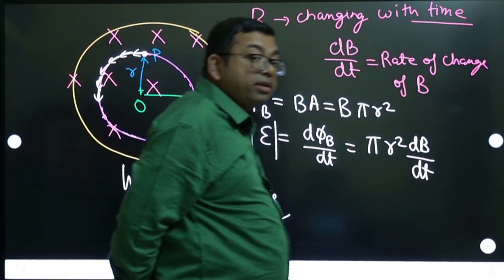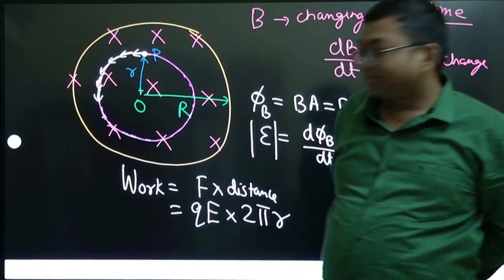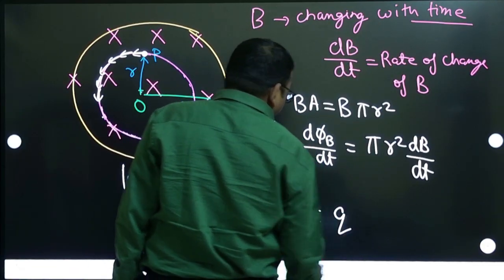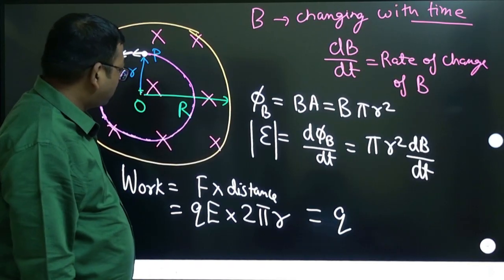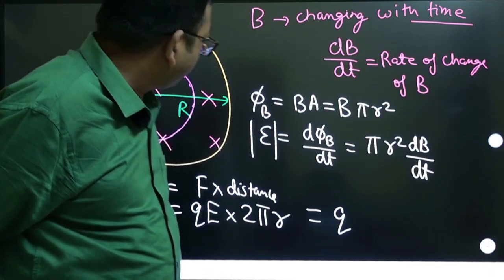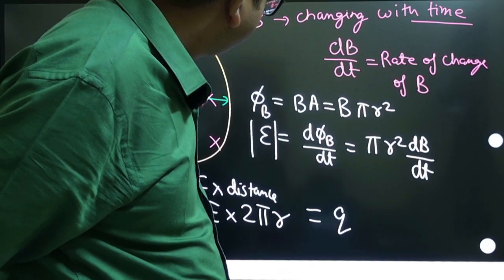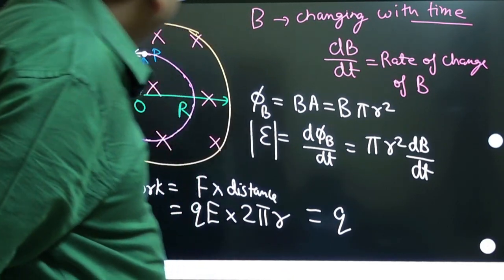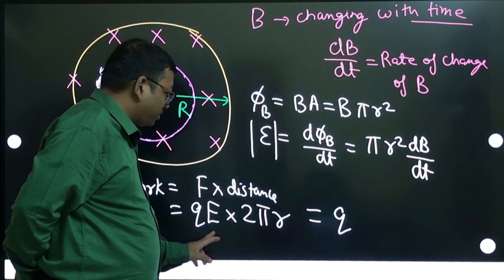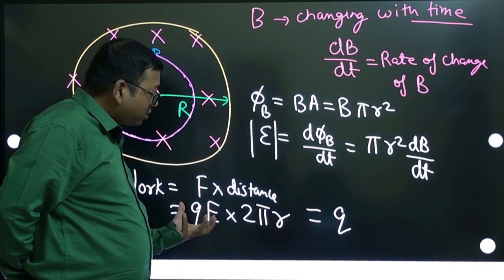Work done is also given as charge into potential difference, correct? But what we want to calculate is the electric field. So we are trying to equate the work done.